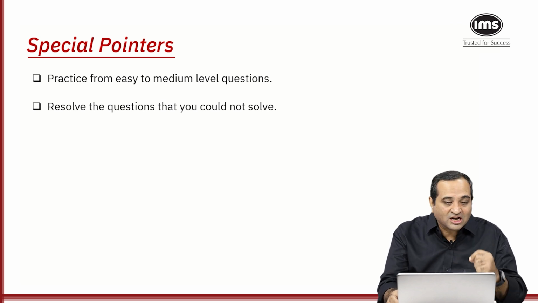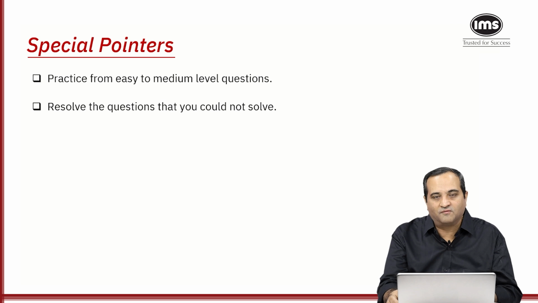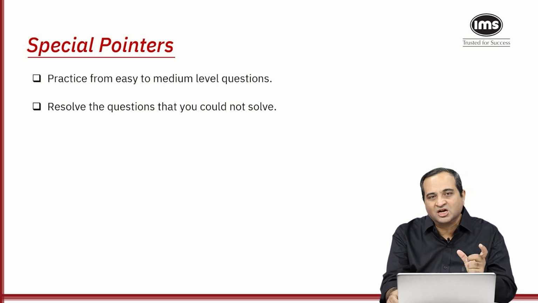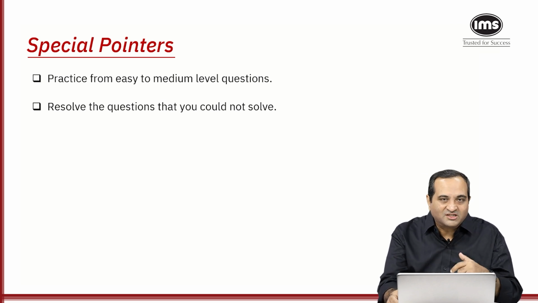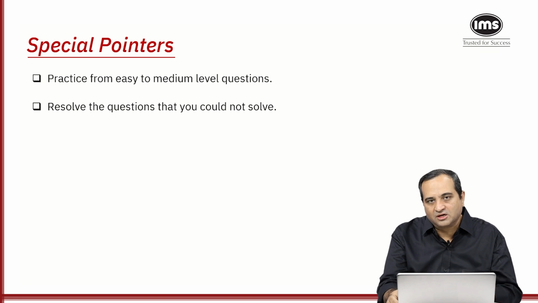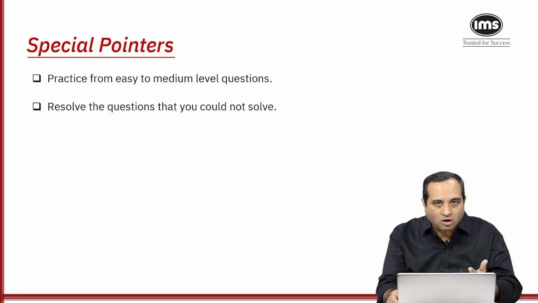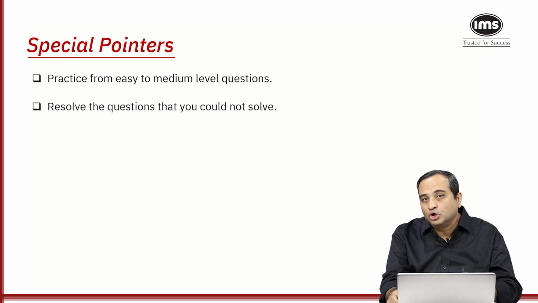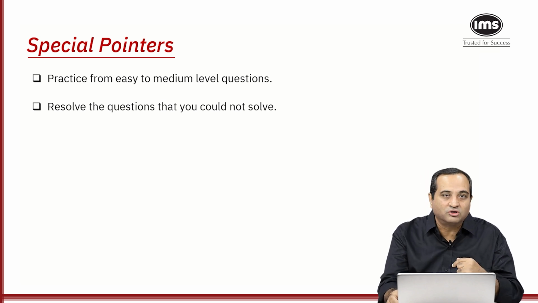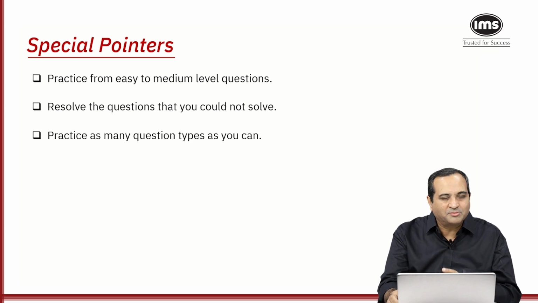Okay, and resolve the questions that you could not solve. What I mean by this is, let's assume you're just taking a small test. Once the test is over, let's say there were 5 sets, you solved only 3, or you solved all 5 but 2 went wrong. What should you do? You should resolve those sets that you did not get, or the sets that you missed out. Practice as many questions as you can.